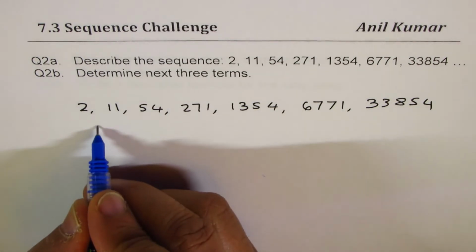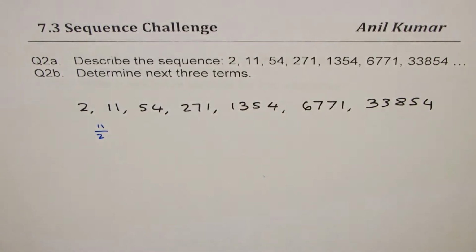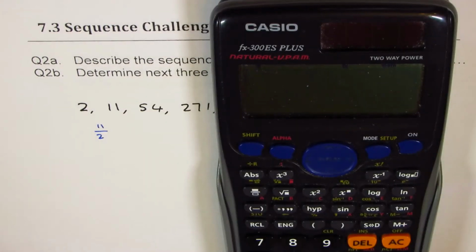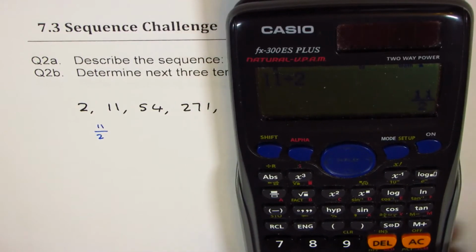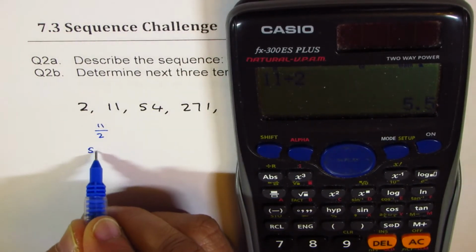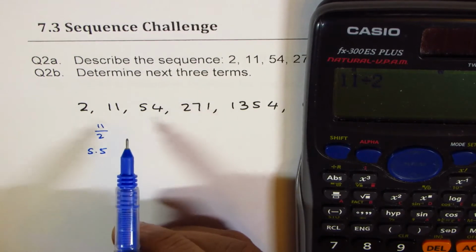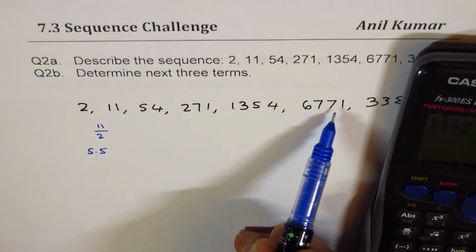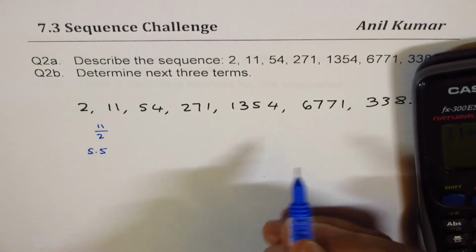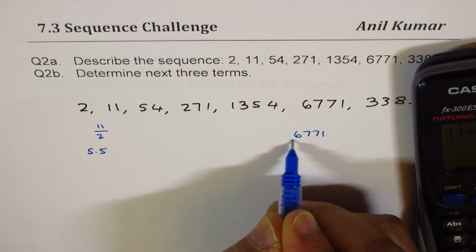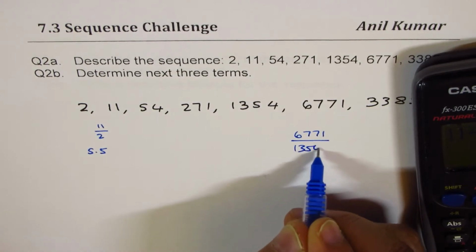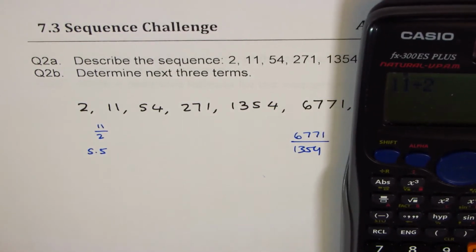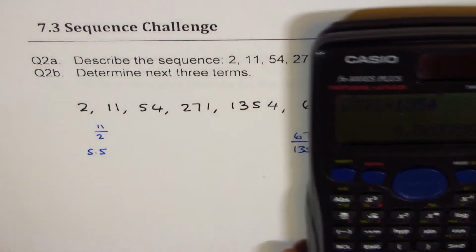Okay. So let me do 11 divided by 2. What do I get? So 11 divided by 2 is in decimals 5.5. Okay. So let's do some other number. Let's do 6771 divided by 1354. Let's try this. 6771 divided by 1354 is in decimals 5, even 5.